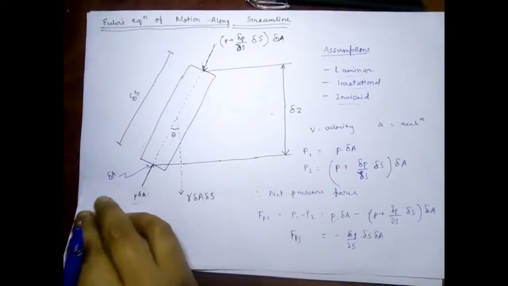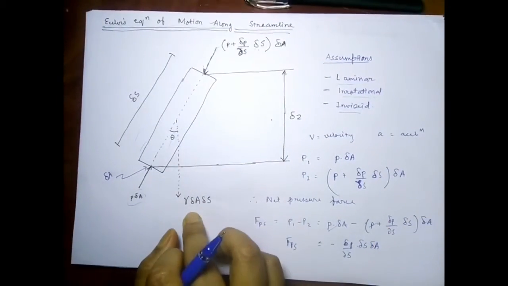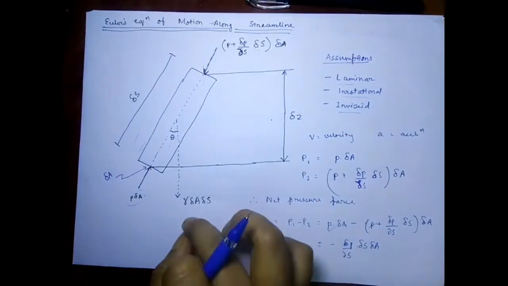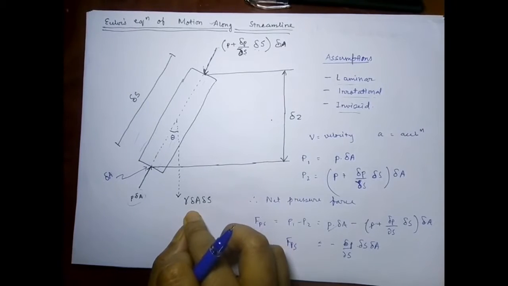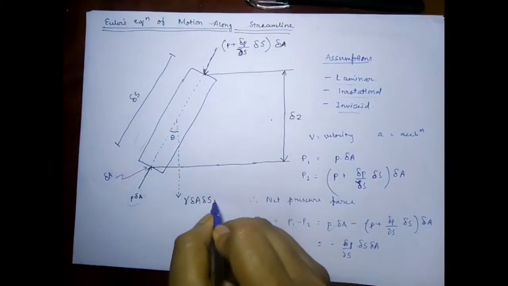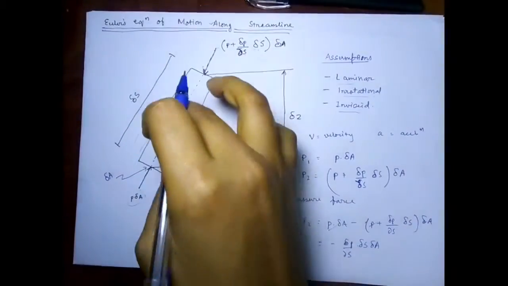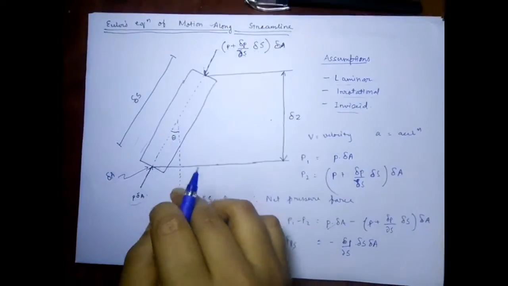So in the figure I have made one thing, I hope you have noticed it. This is the weight of the particular fluid element, and that is equal to gamma delta A delta S, and this should be delta S cos theta, because this angle is theta.